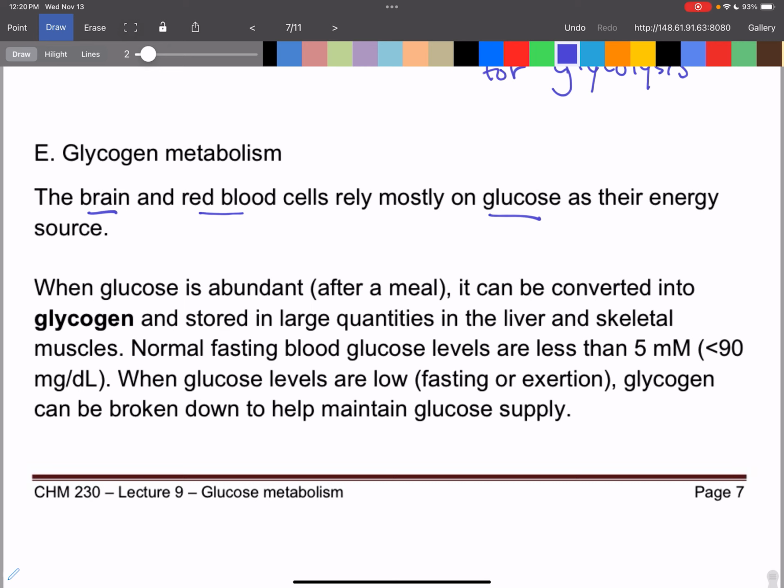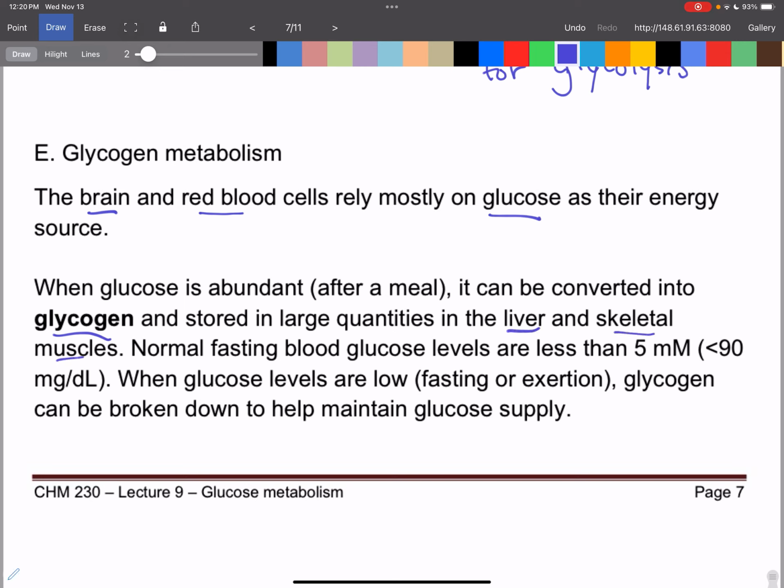After we eat a meal, glucose is pretty abundant because we've broken down our foods into glucose, and it's wise to store that away for later usage. So we can convert that into glycogen, and that's stored in both the liver and the skeletal muscles in pretty large quantities.